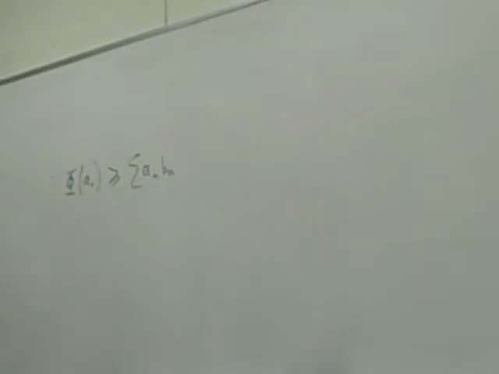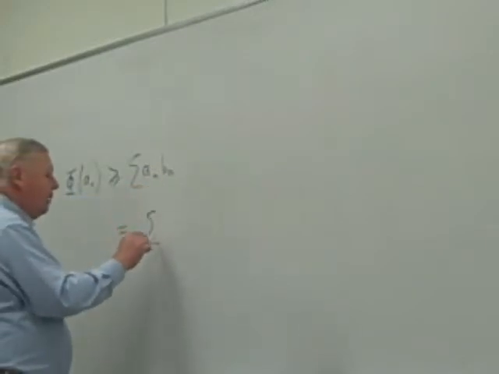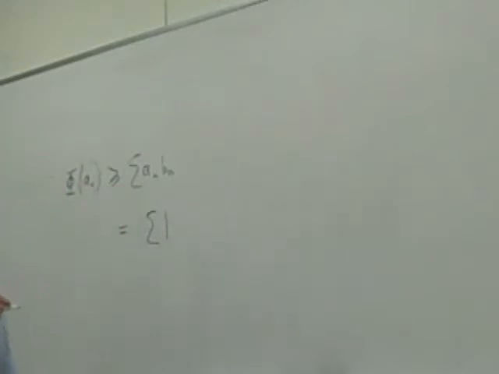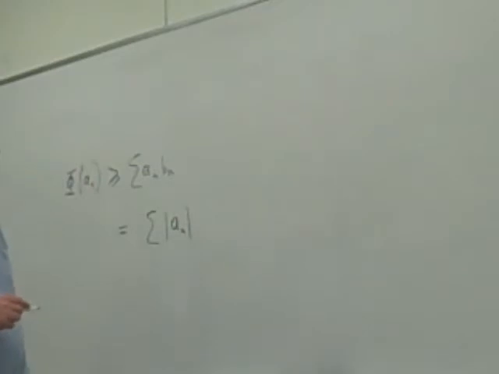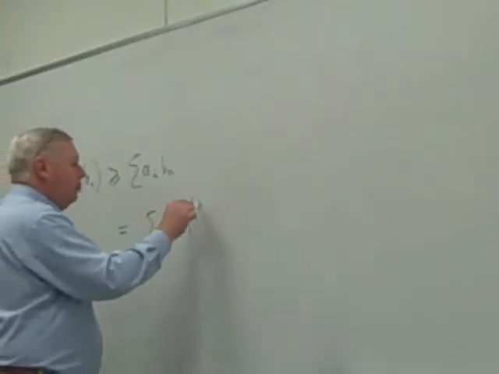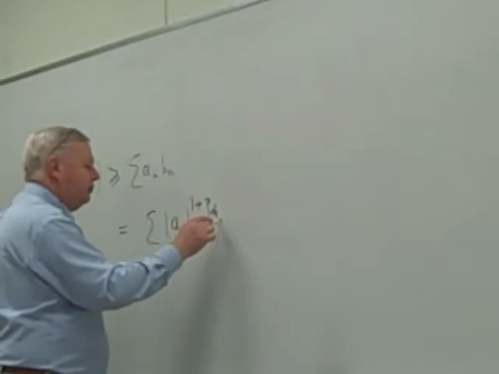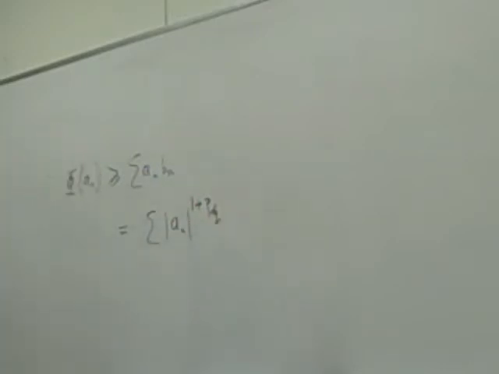And now what is the sum of a_n b_n? Because of the minus signs, when the a_n's are negative, the product of these two numbers is always positive, and it's equal to the sum of the absolute value of a_n, and the power is 1 plus p over q.